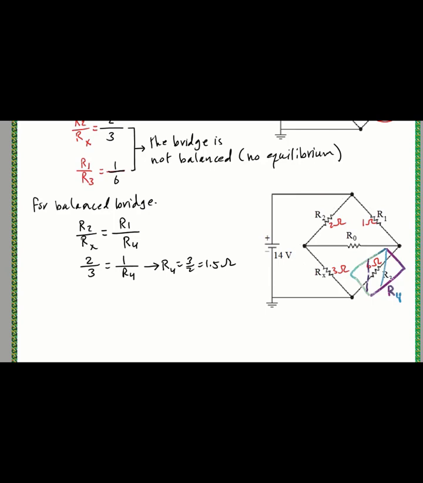Now compare it with R3. R4 is 1.5 ohm. It is less than R3, which is equal to 6 ohms.